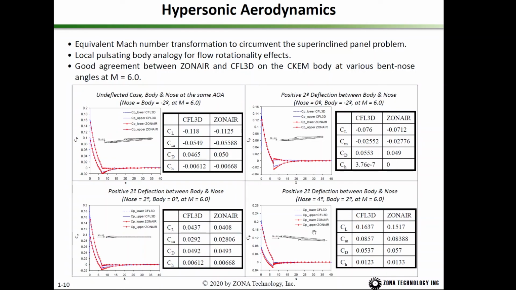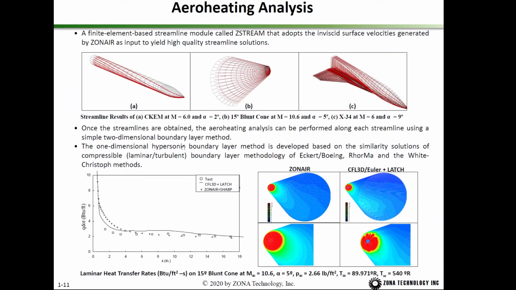And this is a nose at a 4 degree bend angle, the body at a 2 degree bend angle. This is a CP comparison. And this is the CD. So at Mach 6.0, this is the hypersonic flow condition.